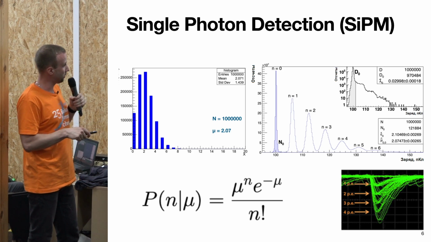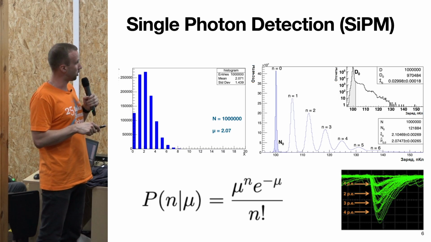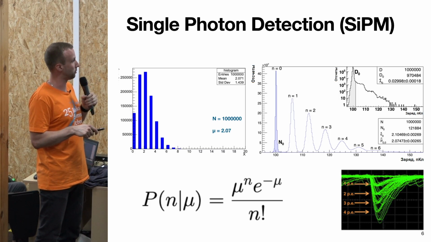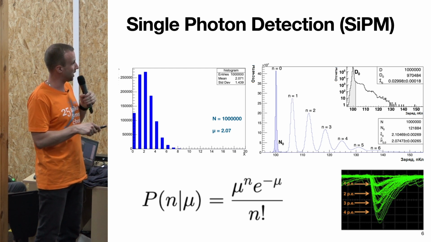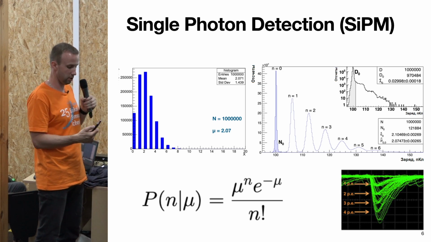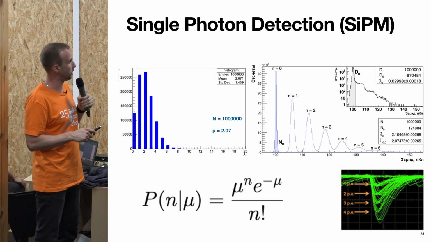On the right hand side we are showing the real spectra which we obtained from the silicon photomultiplier. Here you can see that we have the same amount of events on those spectra. This is 1 million events.